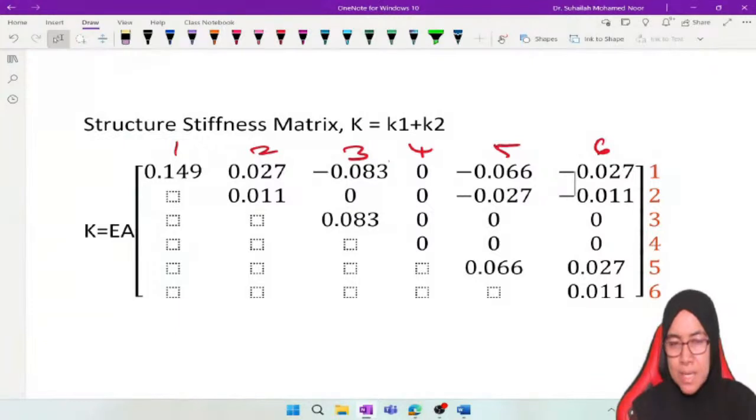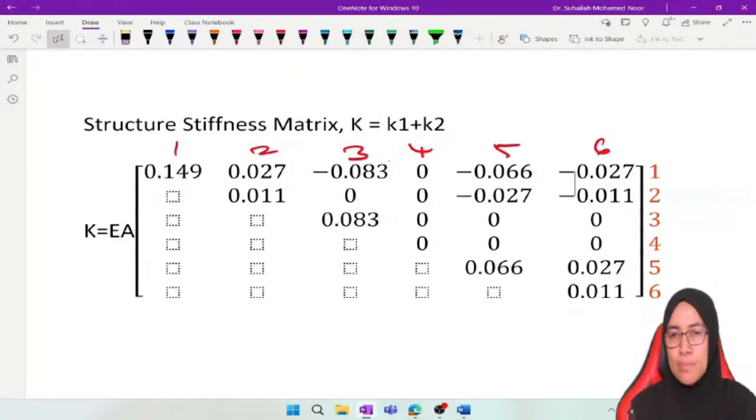We have to establish this before we can calculate the unknown displacement and unknown reaction. This is a very important step. In order to have this, we have to understand several important terms: the unknown degree of freedom, the unconstrained degree of freedom, the constrained degree of freedom.